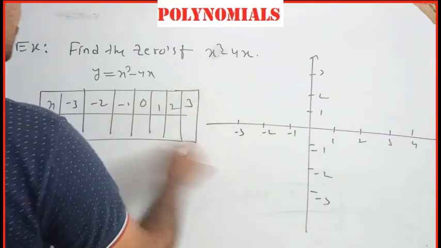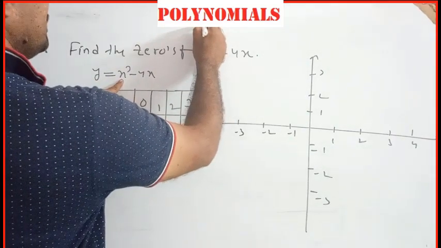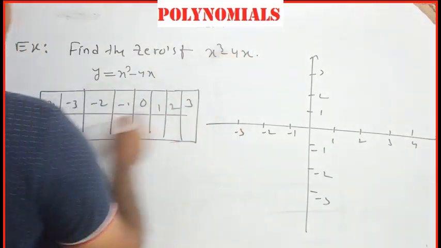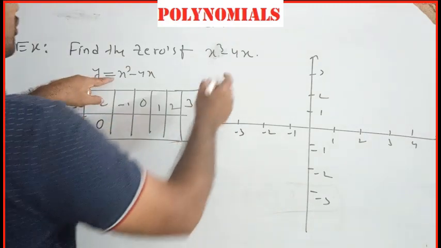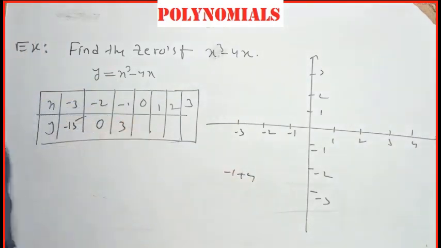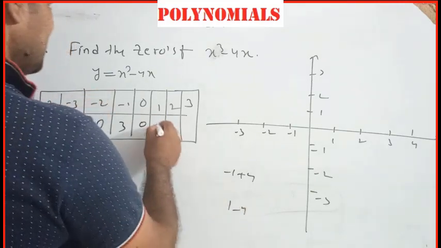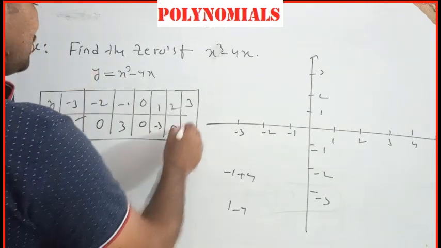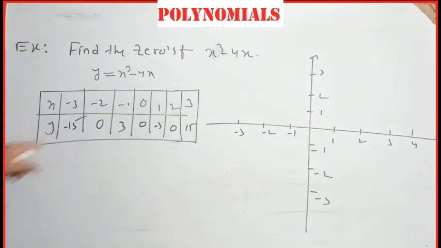When x is equal to minus 3, minus 27 plus 12, I think minus 15. x equal to minus 2, 0. x equal to minus 1, minus 1 plus 4, 3. x equal to 0, 0. x is equal to 1, 1 minus 4, minus 3. x is equal to 2, 8 minus 8, 0. x is equal to 3, 27 minus 12, I think 15.